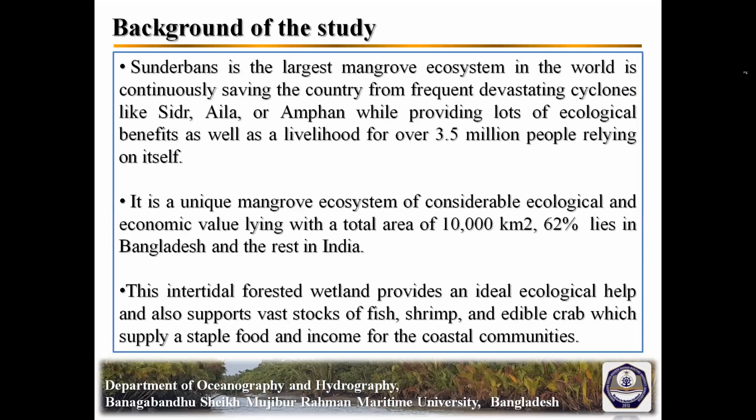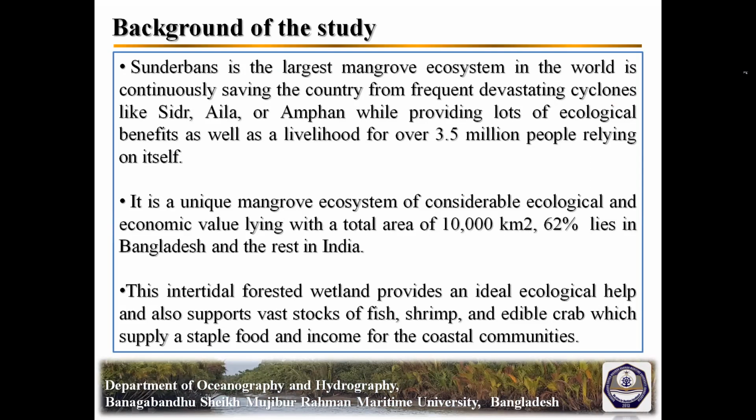Background of the study. The Sundarbans is the largest mangrove ecosystem in the world, continuously saving the country from frequent devastating cyclones like Sidr, Aila, or Amphan, while providing lots of ecological benefits as well as a livelihood for over 3.5 million people relying on it.